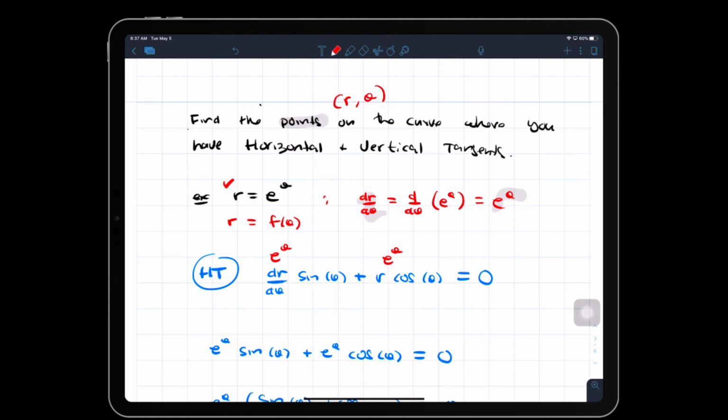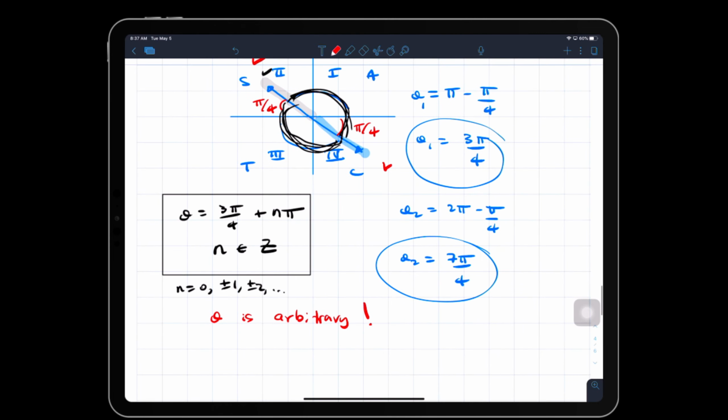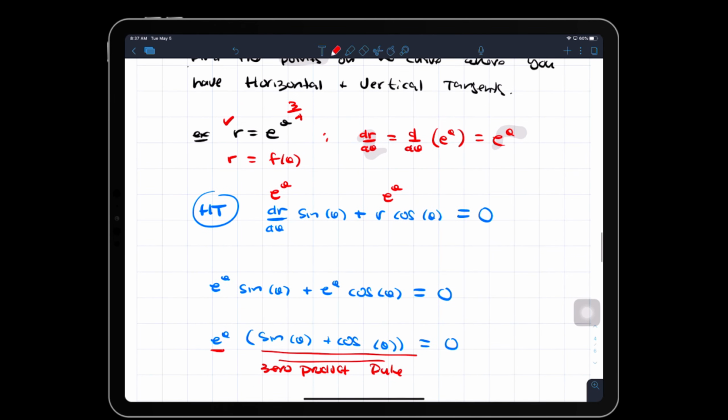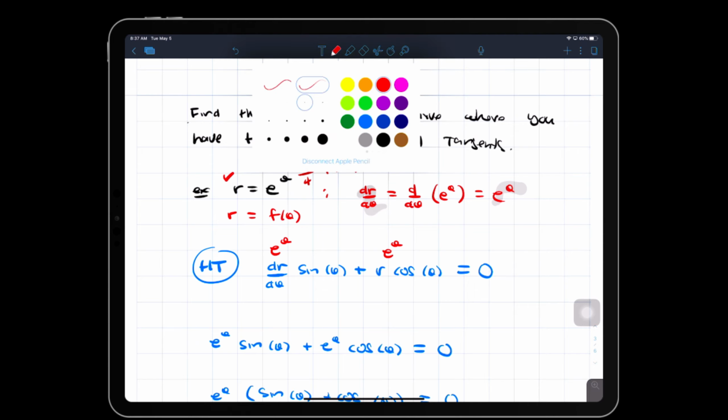So I just have to plug in for theta. What was that? 3 pi over 4 plus n pi. So for every theta, which is 3 pi over 4 plus n pi, I have now the radius, which really means as a solution, here's what they're looking for.